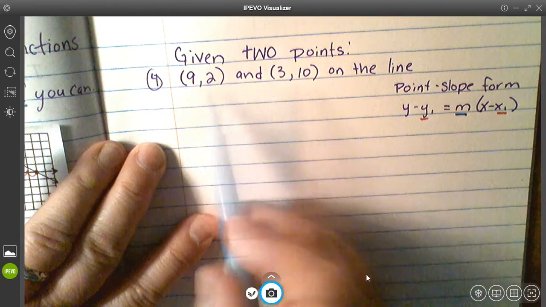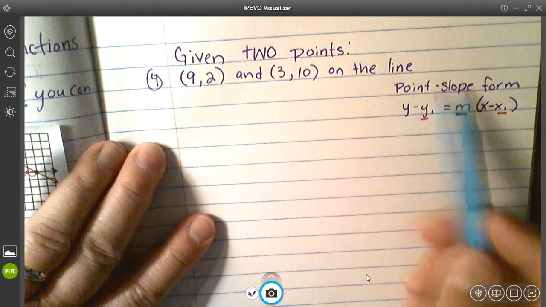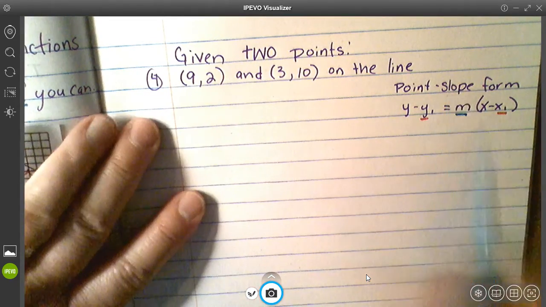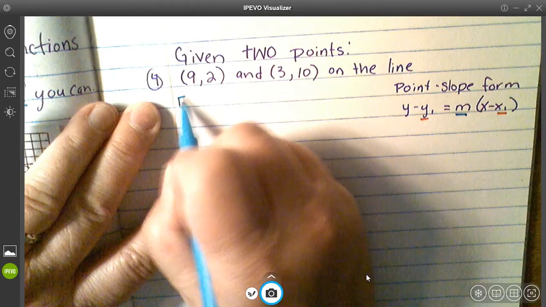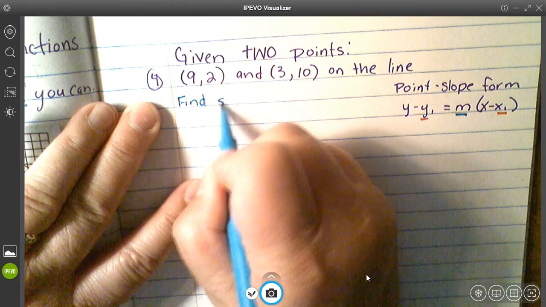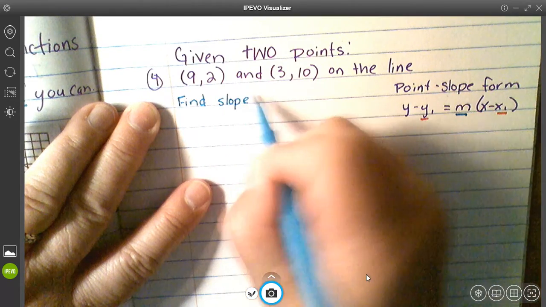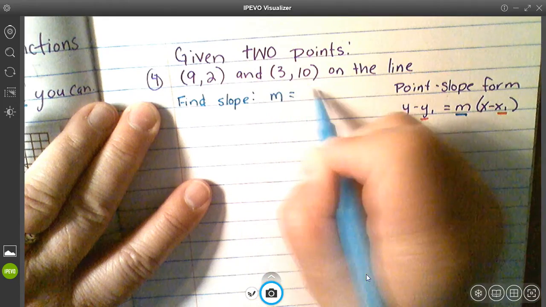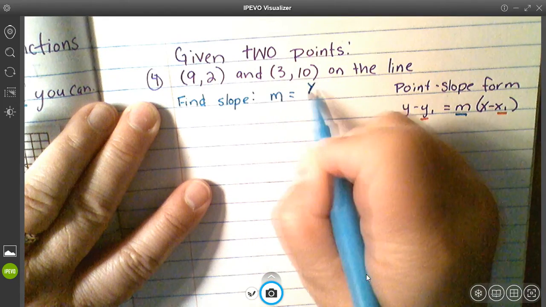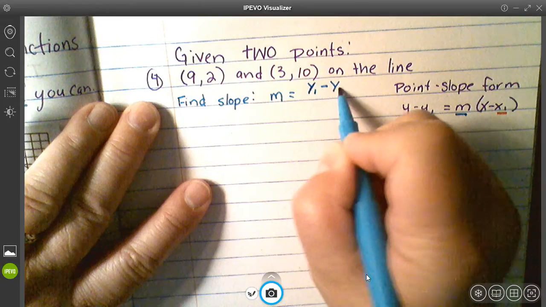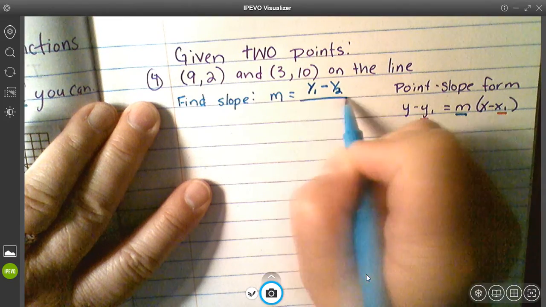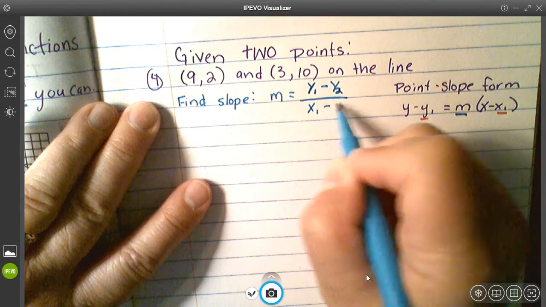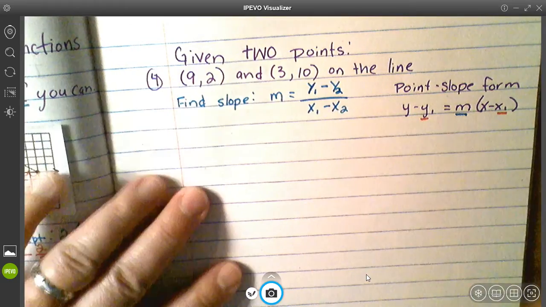Here we have 2 points to choose from, but we need a slope. So we need to find the slope first using the slope formula. Do not forget that your y's go on top and your x's go on the bottom.